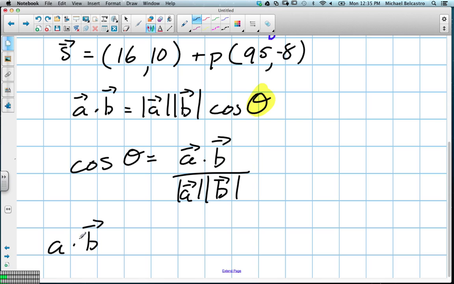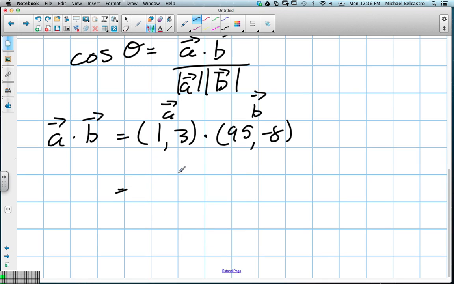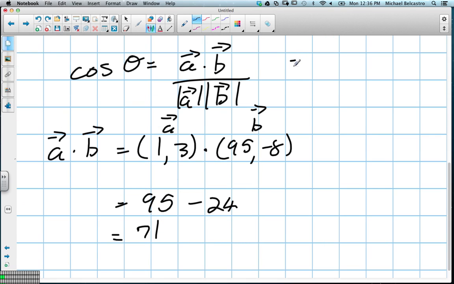A dot B is equal to 1 and 3, that's vector A, dot 95 and negative 8, our directional vector B. We take our x values, 1 and 95, and then the other one becomes subtract 24, which should give us 71. So our dot product of our two vectors should be 71.